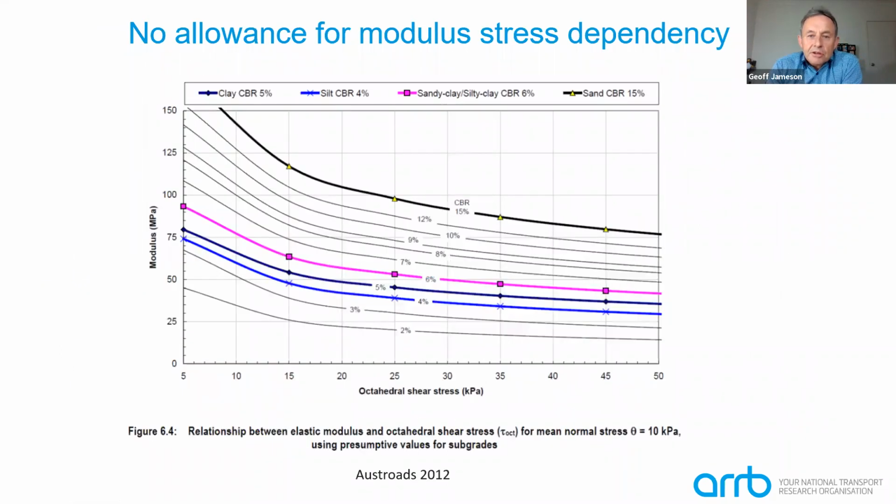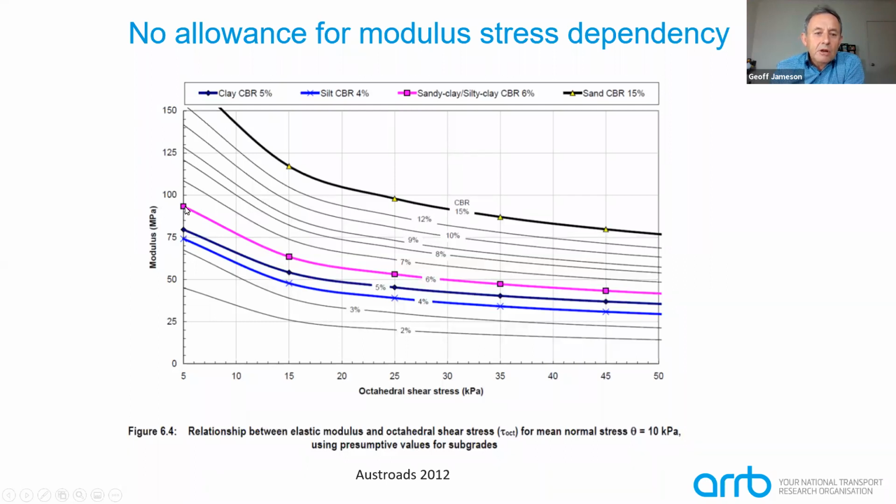And as I mentioned earlier, there's no allowance in that 10 times CBR formula for the stress dependency of modulus values. In 2012, we did some finite element modelling of how the modulus of the subgrade would change with the stress levels. And you can see here, this pinkish line, for example, is a sandy clay with a CBR of 6.